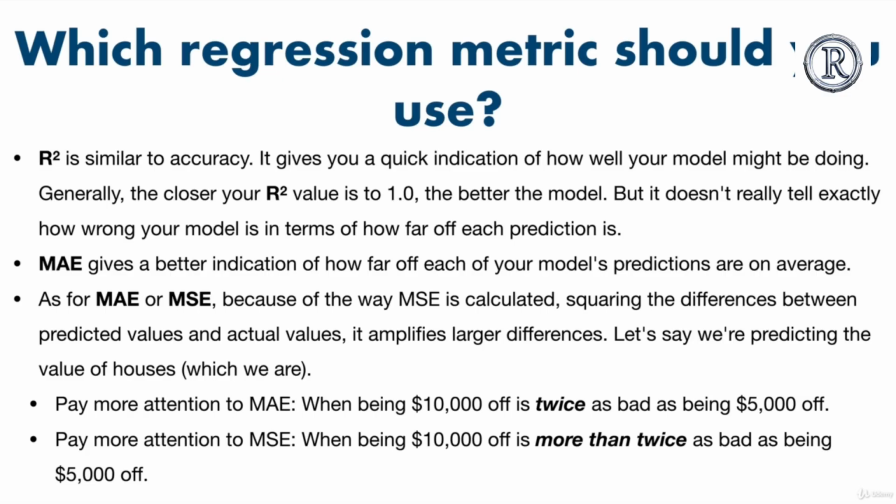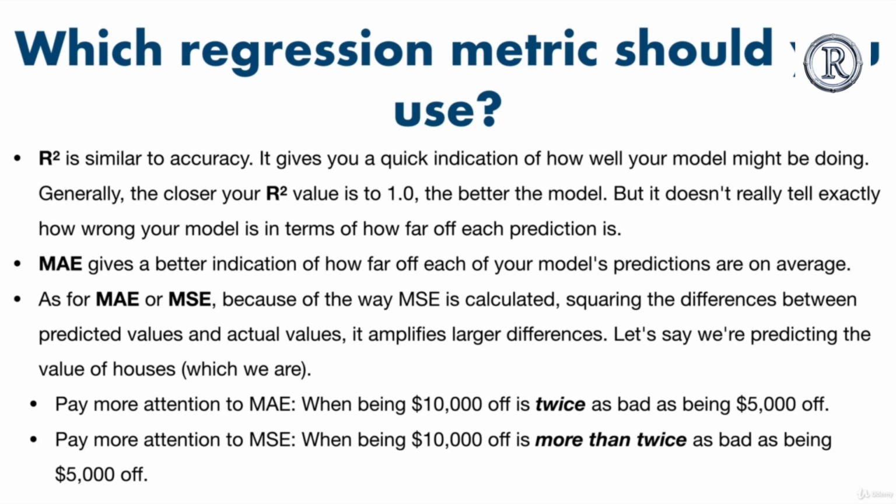You might think, well, it's not really if I double $5,000 to $10,000. So this is kind of another way of saying that bigger errors are much worse than smaller errors, right? So if we're $10,000 off, and that's way worse than being $5,000 off, we want to look more to mean squared error.